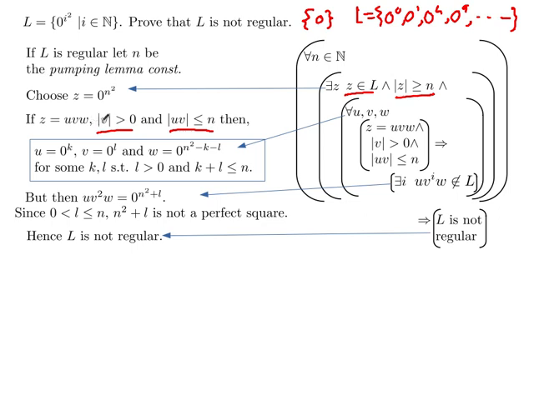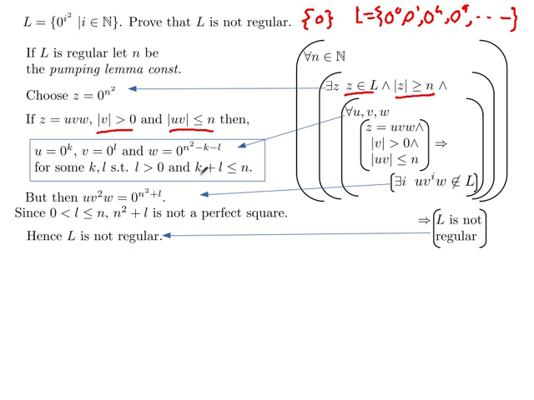So again, you see that everything is 0 because the alphabet is just 0. So U is something, V is something, and W is the rest. But the point is, this UV together has at most n many zeros.